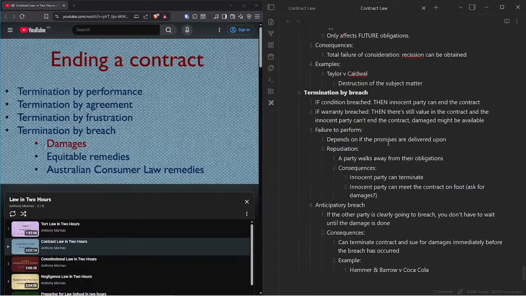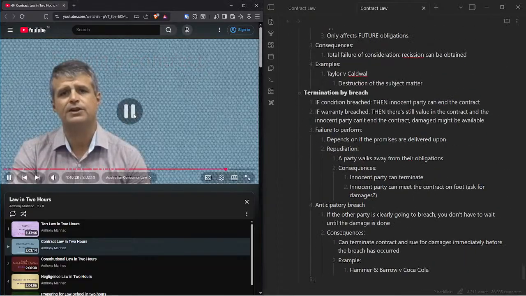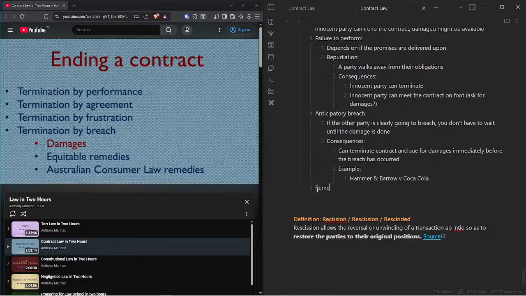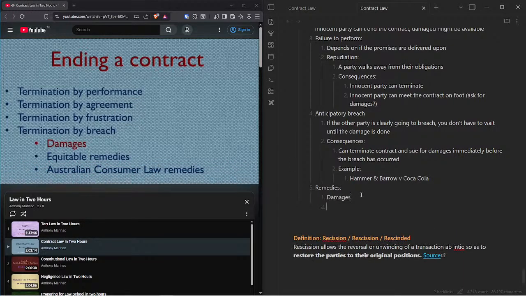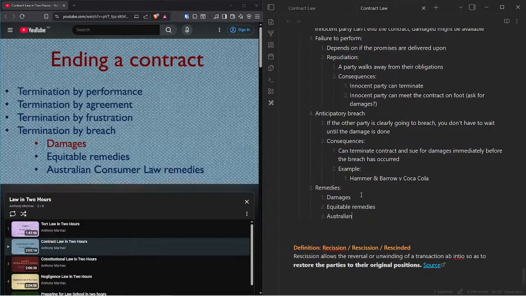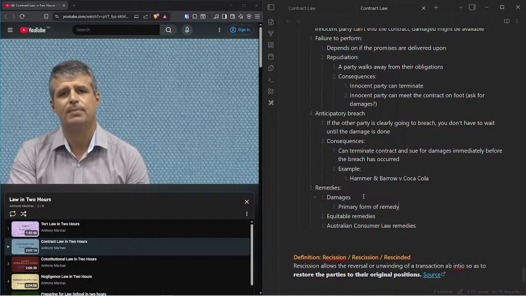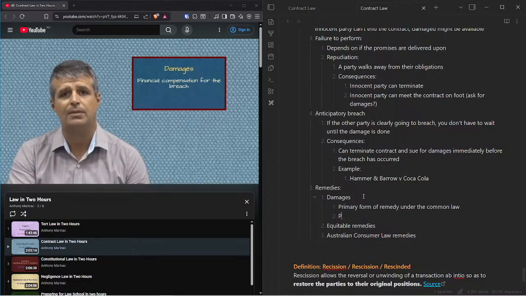Damages are the primary form of remedy under the common law. Damages are essentially the payment of money which seeks to compensate the other party for the harm caused by the breach.